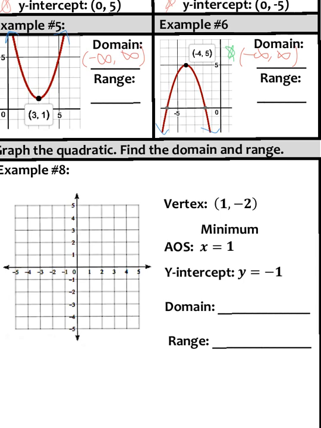Remember, range is going to use the y value we have here. And for this one, we're at 1 for our y value, and it's pointed up. So 1 is the smallest number with a bracket. And then since it's pointed up, that uses infinity, which is parentheses.